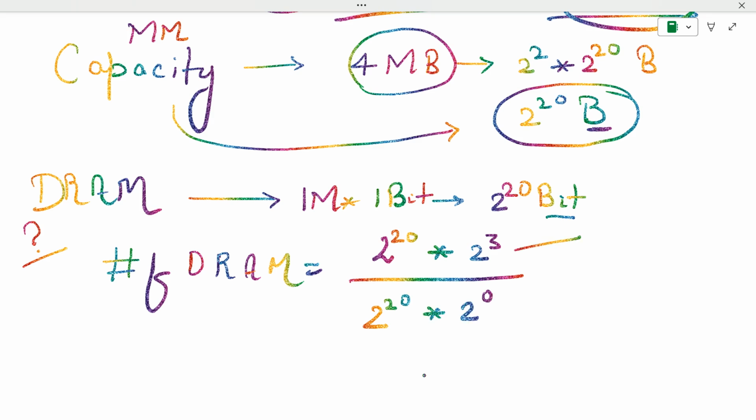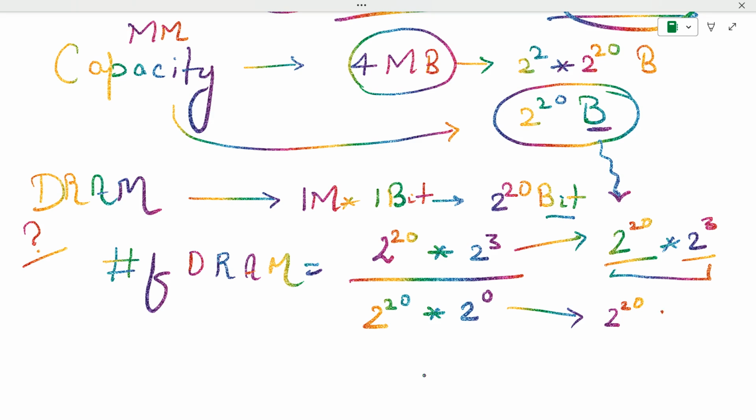Now, where did it come from? It came from this. We want a main memory with 2 raised to the power 20 rows, and each row having 2 raised to the power 3 bit, I mean, the capacity needed for one row. And currently, we have DRAM with 2 raised to the power 20 rows and 2 raised to the power 0, that is 1 bit for each row.